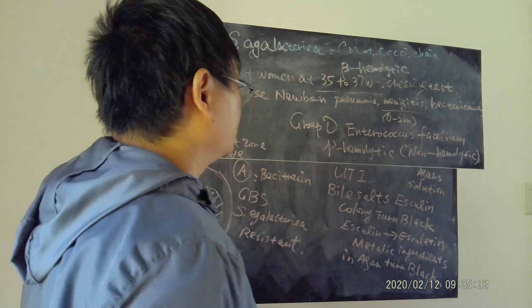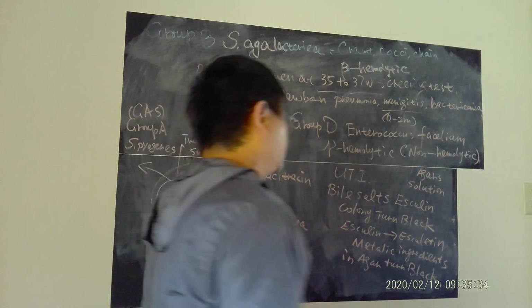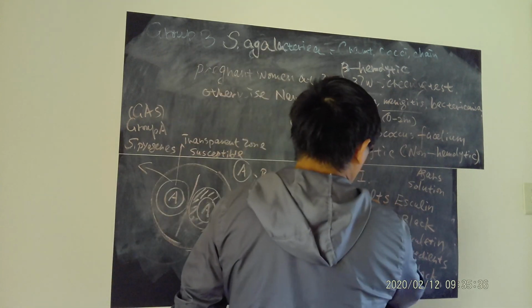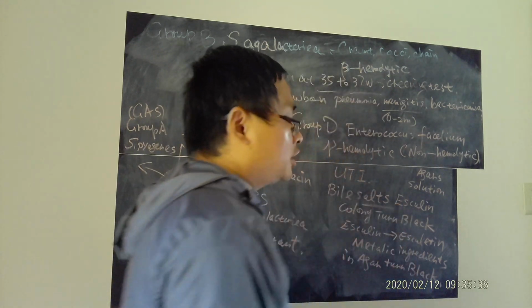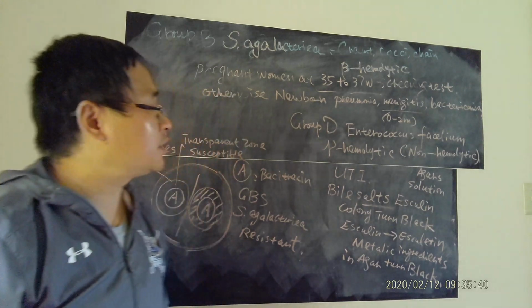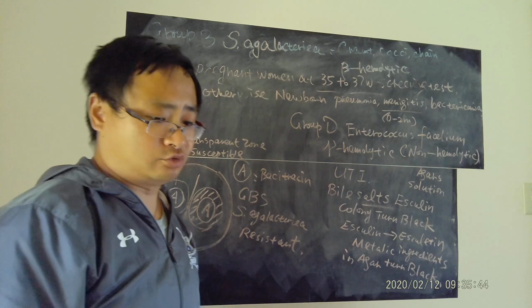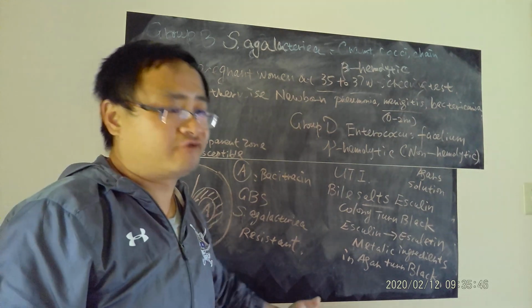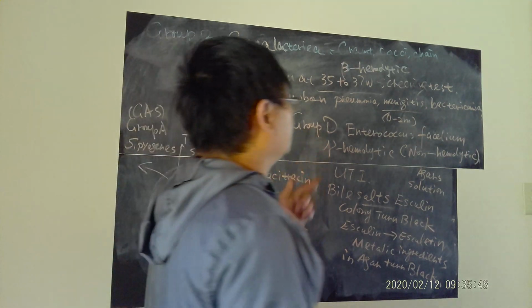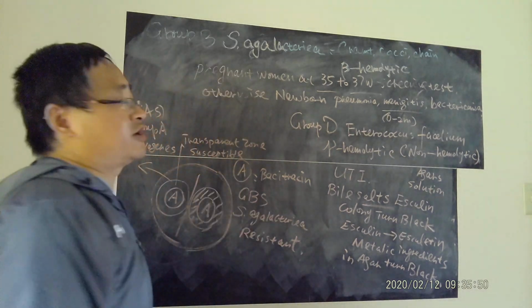Okay, and also the bile salts. This is a bile salt solution. The salt there usually will kill bacteria, but Enterococcus faecium can survive in a bile salt solution. So it is a little bit halophilic. So this is something else for group D, Enterococcus faecium.